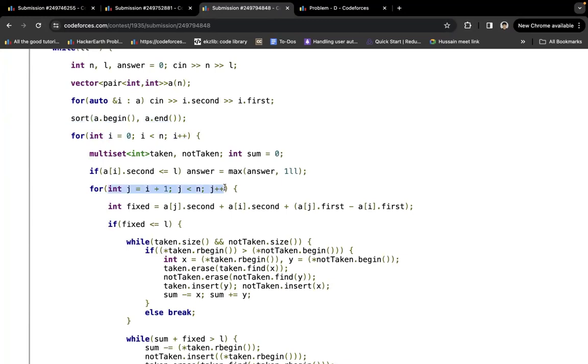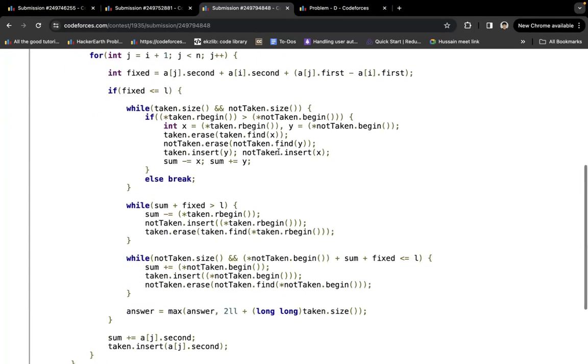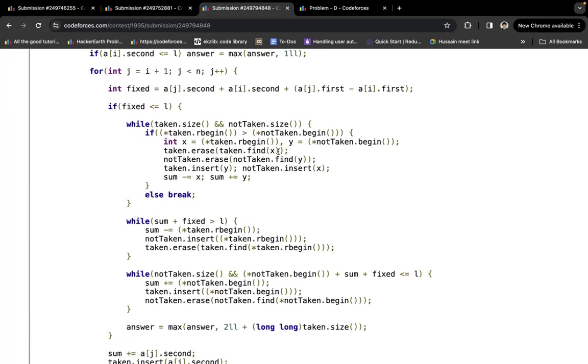Now, I have two multisets, taken and not taken, and my current sum is 0. Now, what is fixed? Fixed is whatever the A values of the elements that I fixed were. And what we discussed, it's going to be B max minus B min.